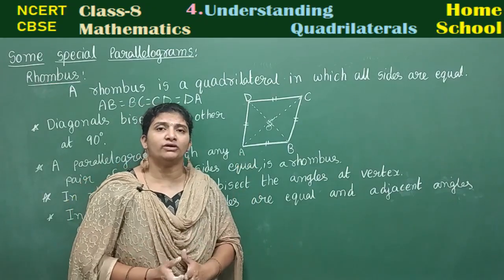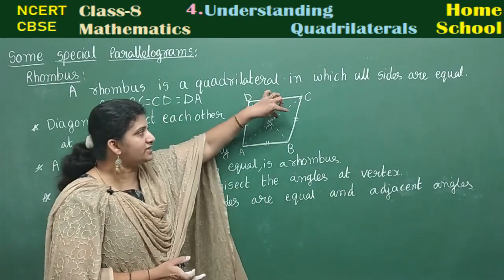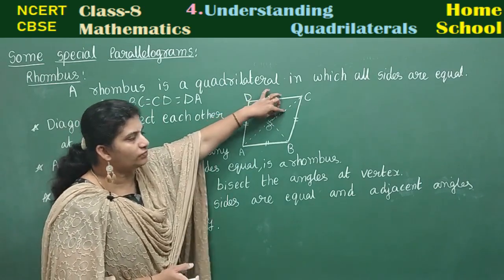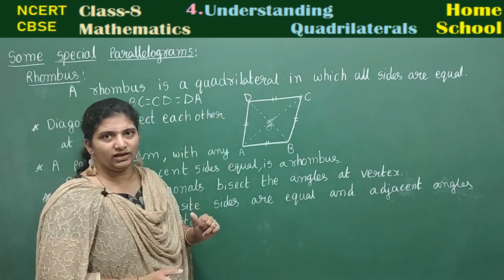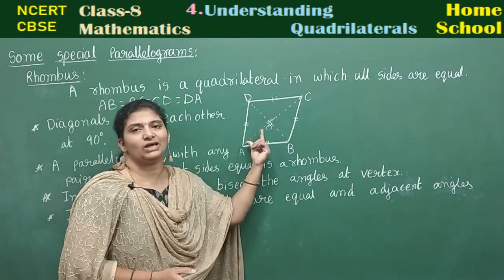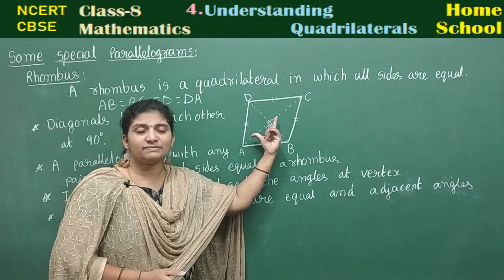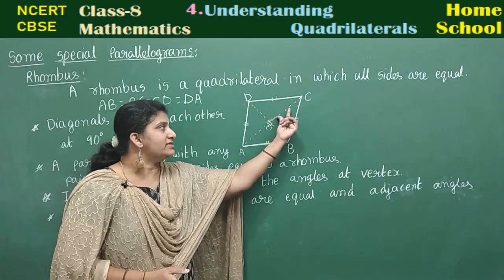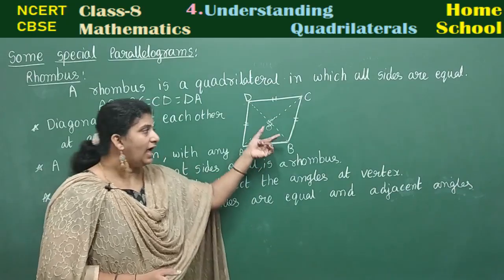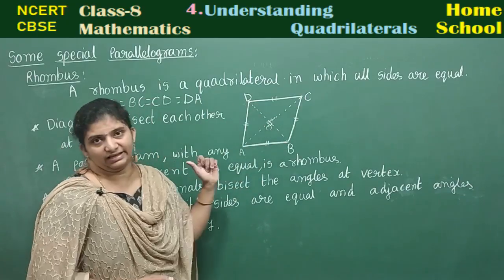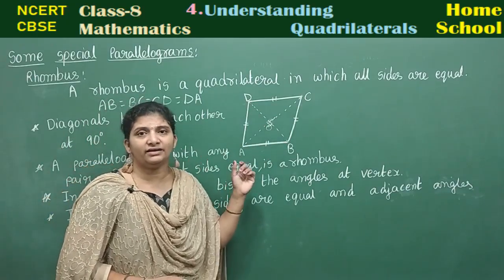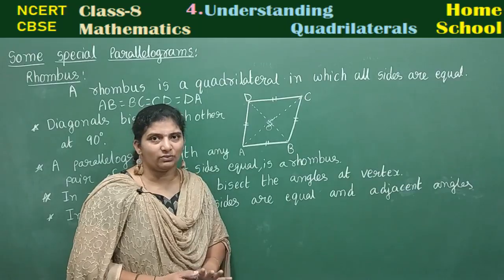When I talk about a bisector, the lengths of these two parts are equal. When this diagonal is bisected, then this length is equal to this length and this length is equal to this length. But I am not saying that the two diagonals are equal.